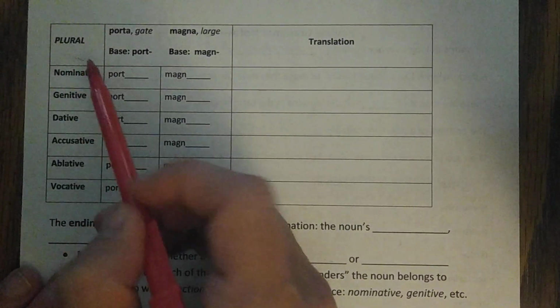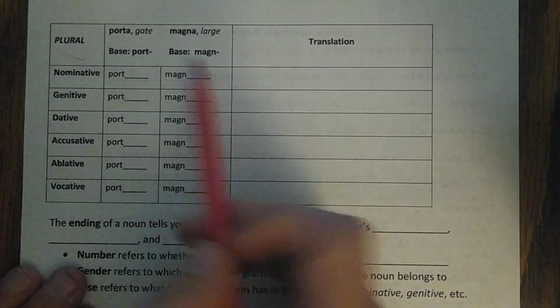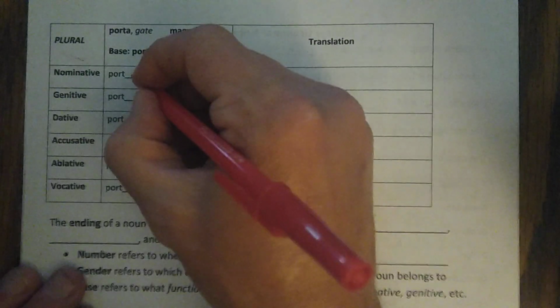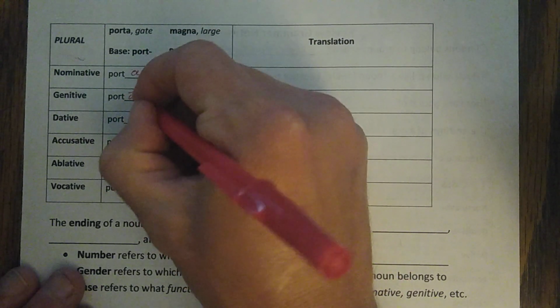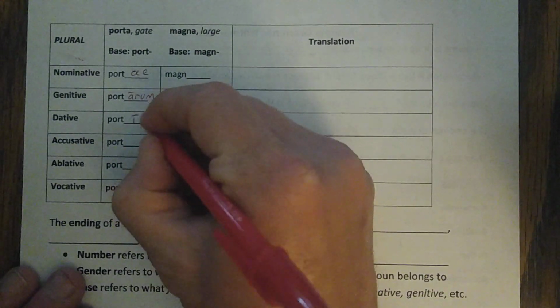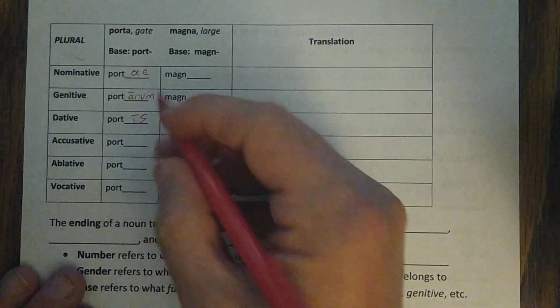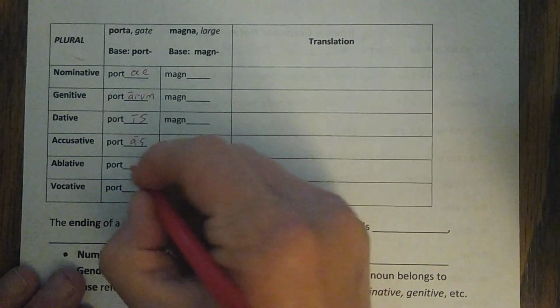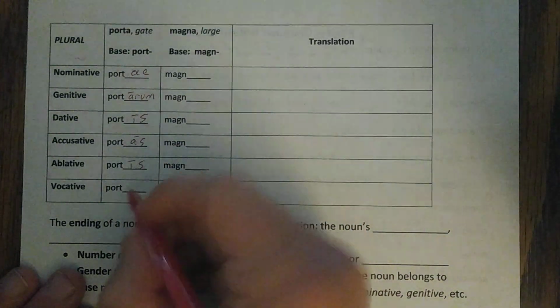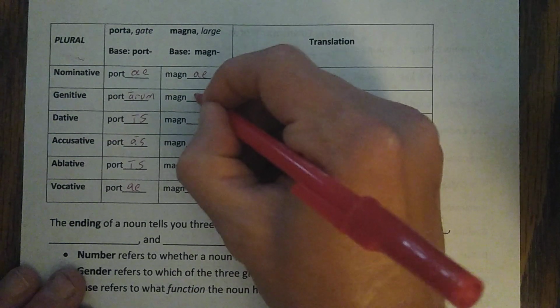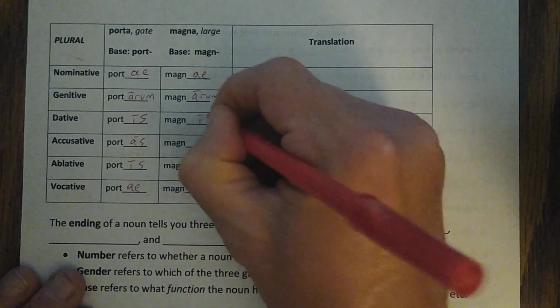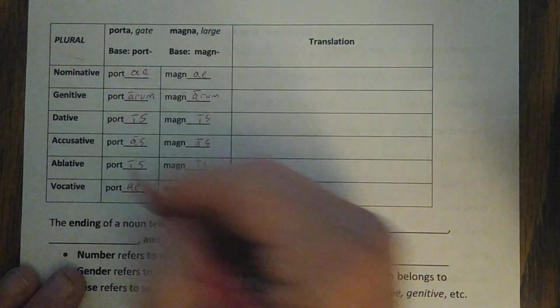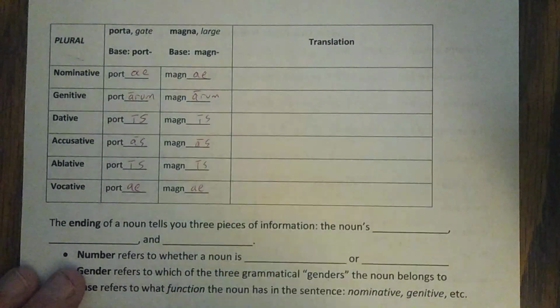Again, we're in plural now, still first declension, still the same words, but we're making it plural. So those plural endings are ae, ārum, īs, that's a long I, ās, īs, and then ae again for vocative. One more time, that's ae, ārum, īs, ās, īs, and then ae.